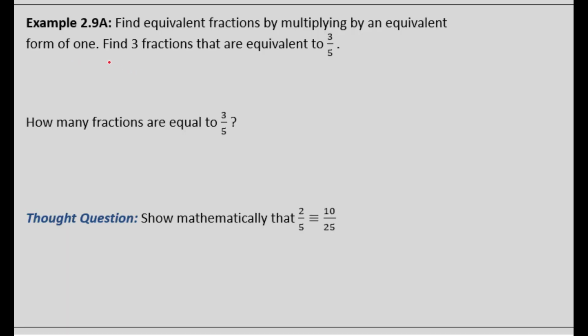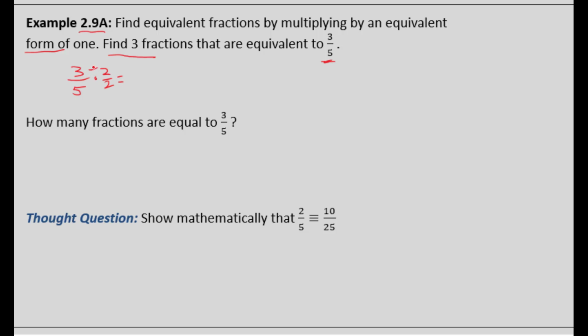So I'm assuming you read 2.9 and the material before 2.9a. And in this one, I'm going to find three fractions that are equivalent or equal to 3/5 using equivalent forms of 1. So I'm going to start out with 3/5. Just pick a form of 1. How about 2/2?